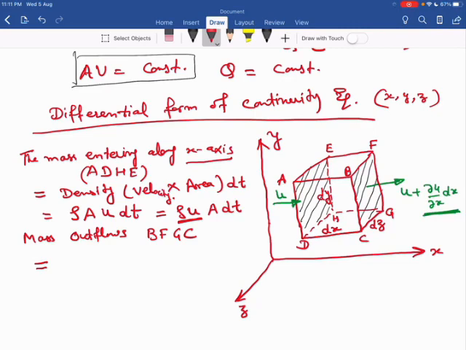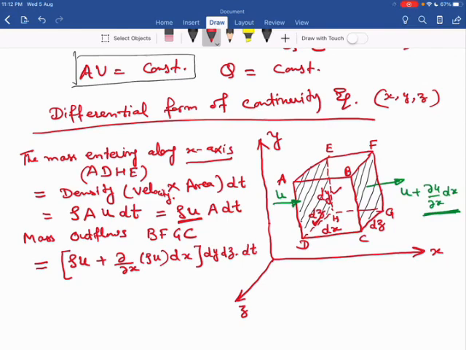So there is some increment in the product rho U along x direction, which we can write as rho U plus curly by curly x of rho U into dx, multiplied by area. Now the area of the face we can write as dy into dz. So area is dy into dz, into time dt. So this is the mass outflow.